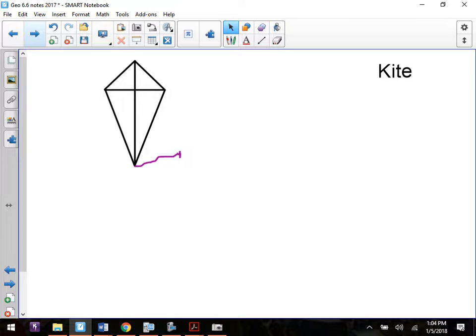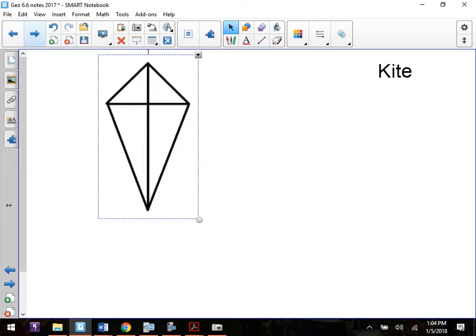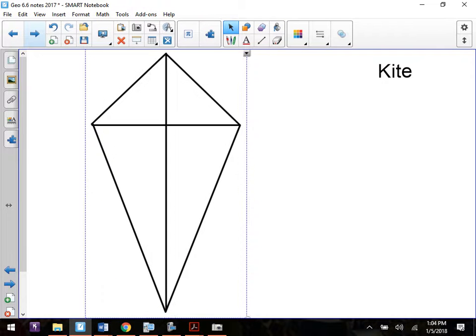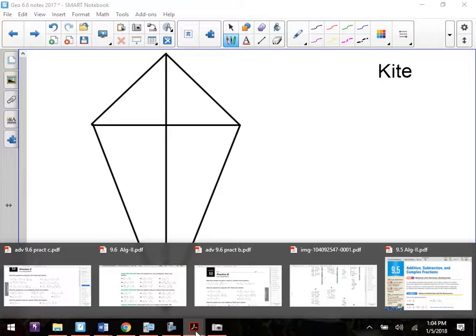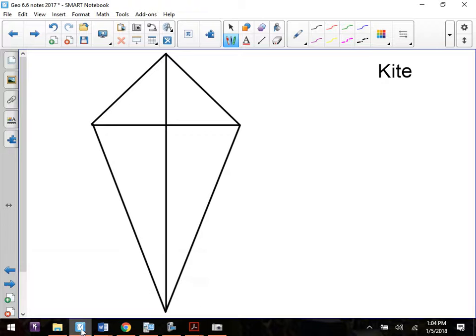All right. Now, this textbook. So when we're dealing with kites, there's a lot going on. I want to make sure we get through them real quick, before we run out of time.